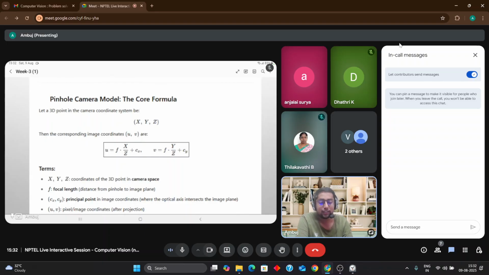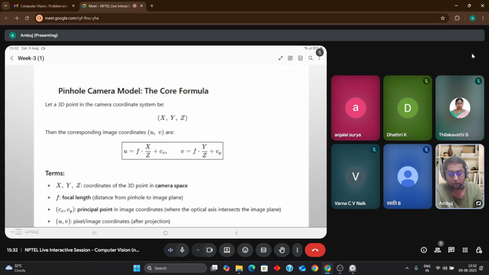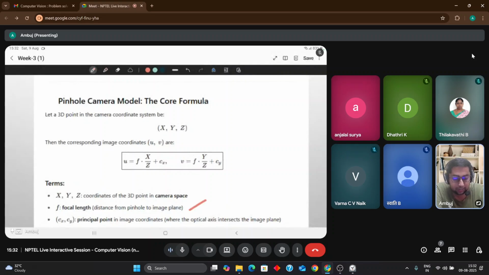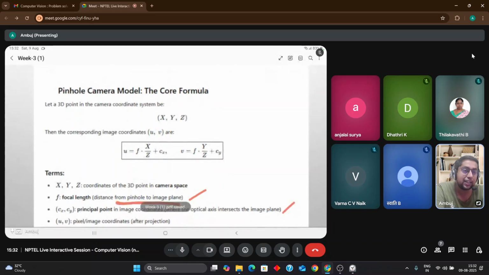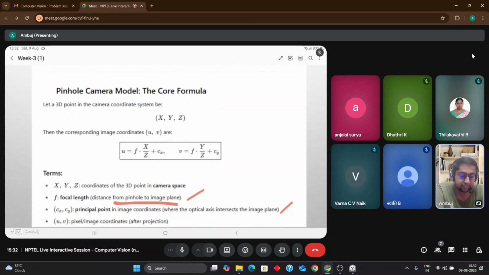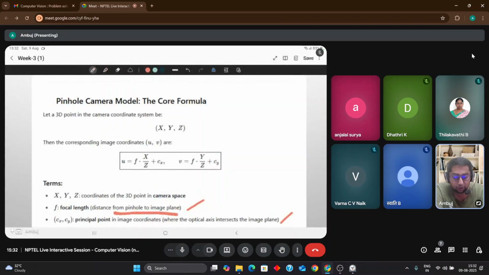Now we will see this core formula in terms of our focal length and our principal point. Focal length is nothing but the distance from the pinhole to the image plane, and Cx, Cy are the principal point in image coordinates, where the optical axis intersects the image plane.